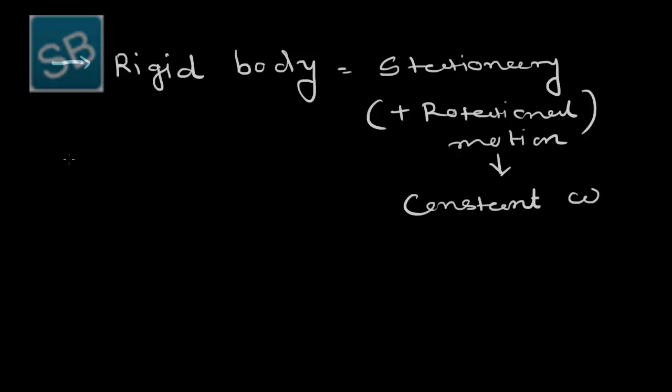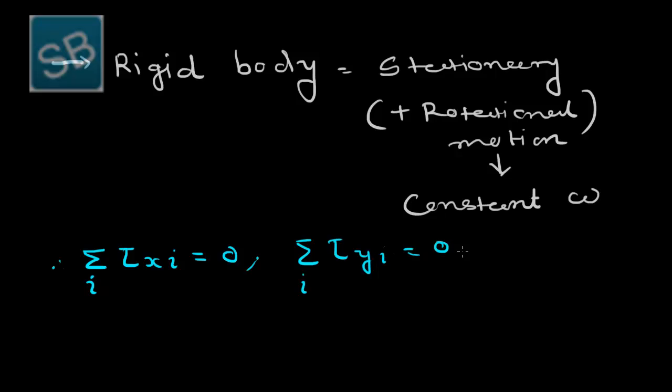Now I can write down the equations in component form in terms of the torque as sum over i of tau xi is equal to 0, sum over i of tau yi is also 0, and sum over i of tau zi is also equal to 0. Now we will solve one important illustration and then we will start the different aspects of this chapter.